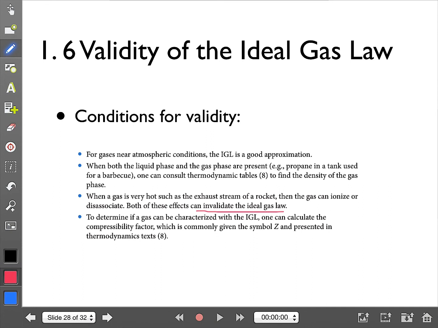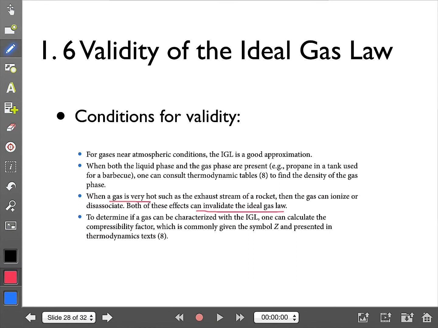So the ideal gas law will not be able to be applied for very hot gases. For any of the things that we're doing in this class, we will assume the ideal gas law. We're not going to do any special cases of strange gases, ionizing gases.